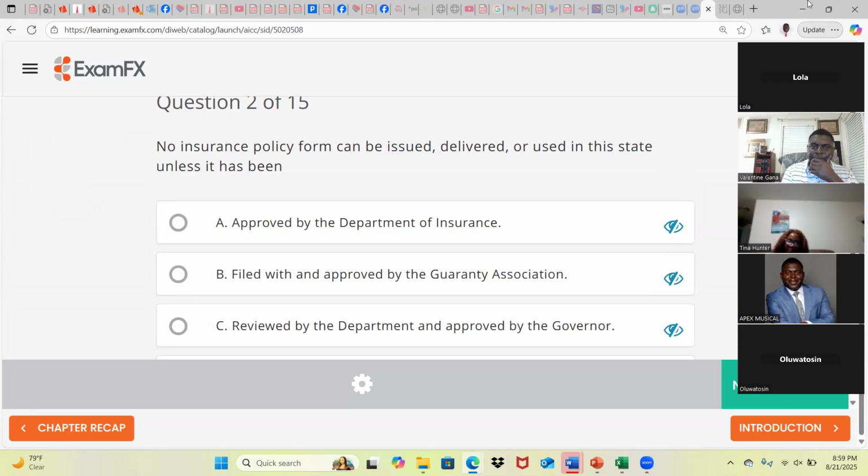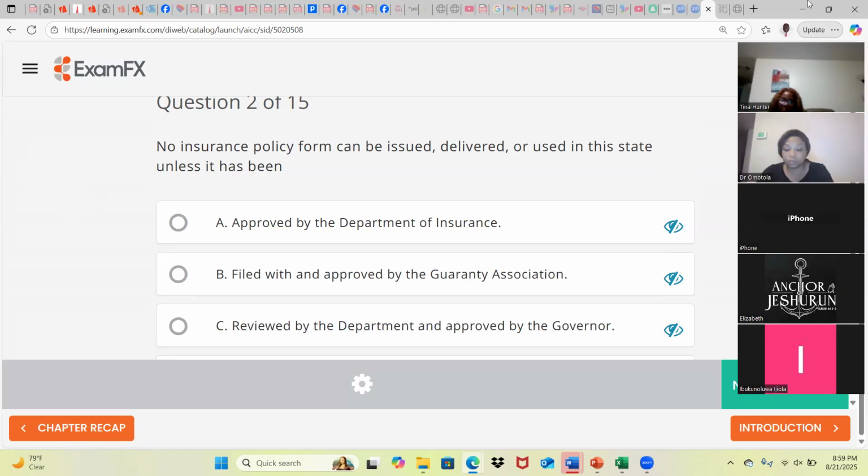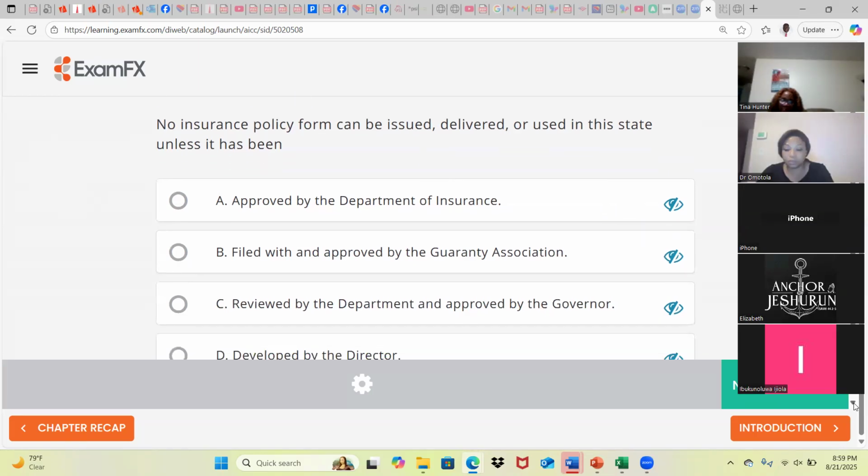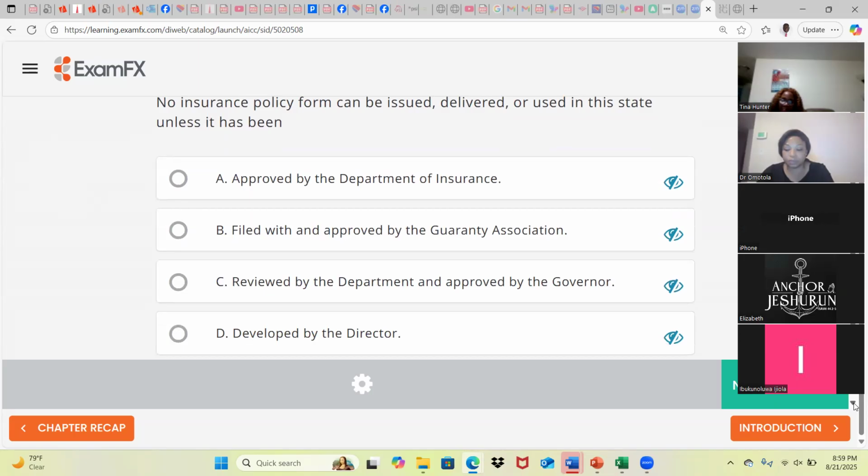No insurance policy form can be issued, delivered, or used in this state unless it has been A, approved by the Department of Insurance, B, filed with and approved by the guaranty association, C, reviewed by the department and approved by the governor, D, developed by the director. Okay. So which one do we think is the answer?